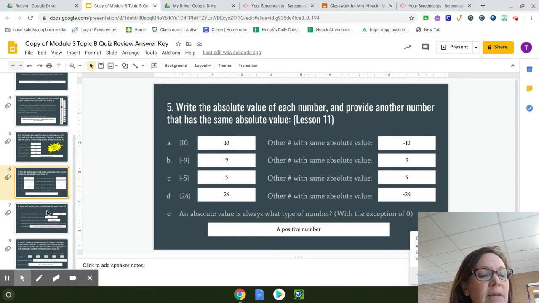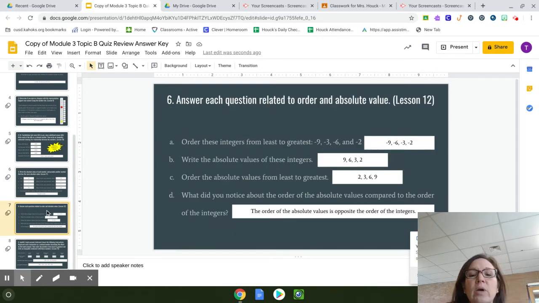We have 2 slides left. Let's go to the next one. The next one is from lesson 12. You can look in your book to review if you forget. You're going to take some integers and put them in order from least to greatest. So I did. Then you're going to have to write the absolute values of those integers, and you will notice the absolute value of negative 9 is positive 9, negative 6, positive 6, and so forth. Problem C says put the absolute values in order from least to greatest.